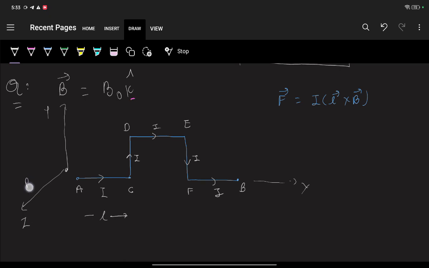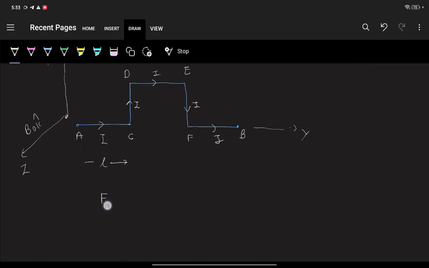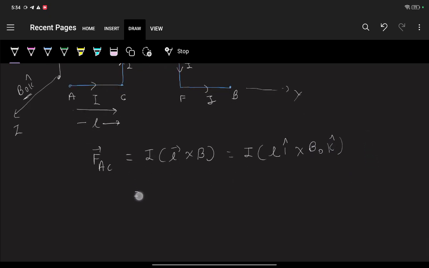So the force on this AC will be simply I L cross B. Now what is the direction of AC? It is simply L i cap cross. What is the direction of magnetic field? It is B0 k cap.